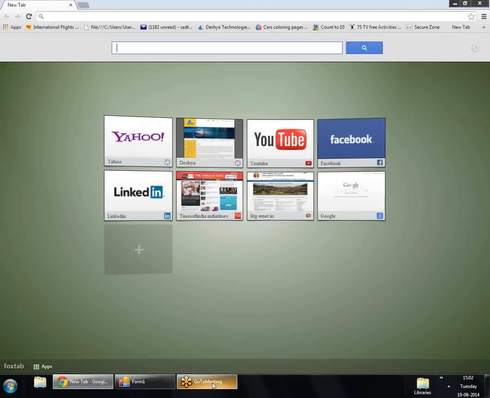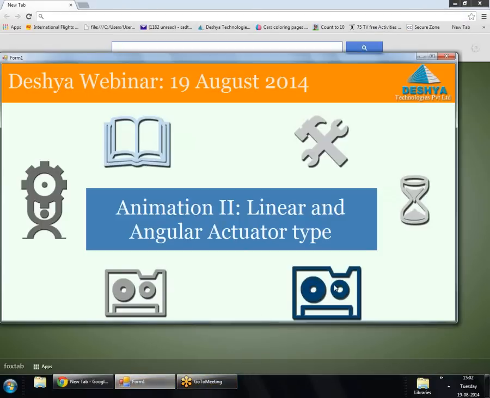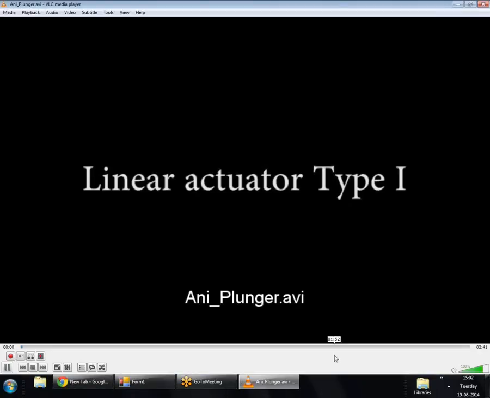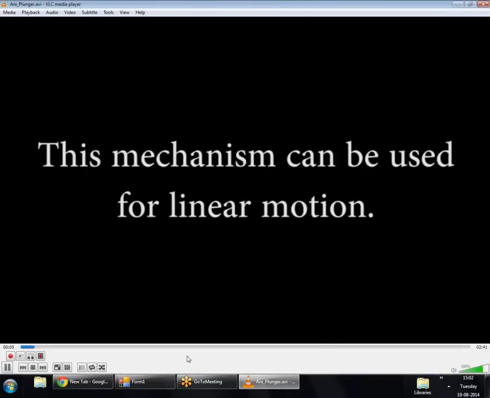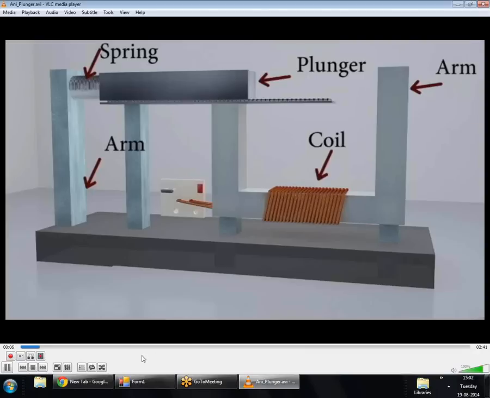And then we also have other kinds of actuators, which are the linear actuators. These are used for linear motion. One of the systems is shown here. If you see, we have a coil, and this coil carries current.